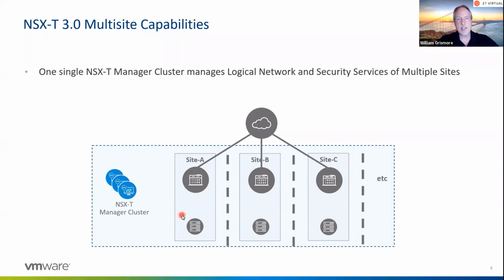So what NSX lets me do from a software-defined networking aspect is create tunnel endpoints that live on each host across all my different data centers, which allow me to tunnel network traffic between sites and stretch the network in software. That allows the workload to live in site A, which allows me to take that VM and then migrate it to B or C.